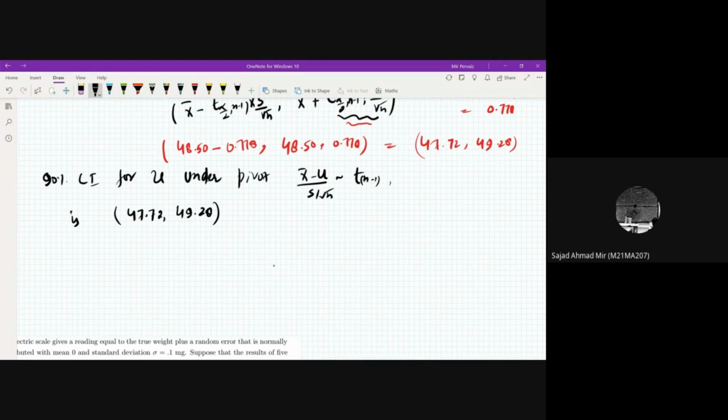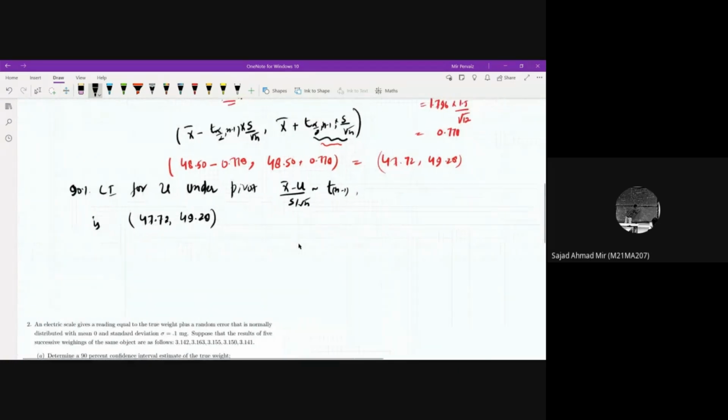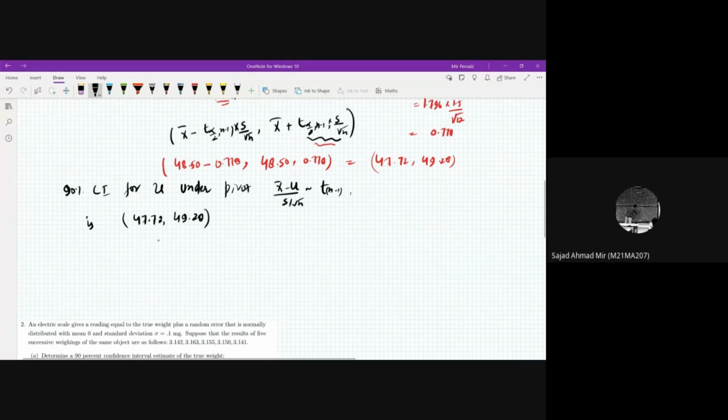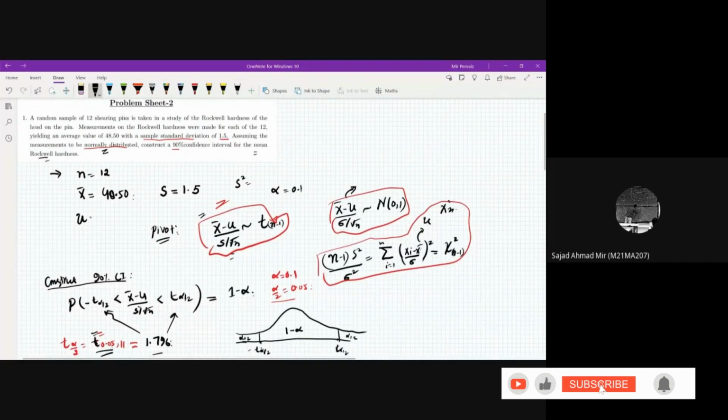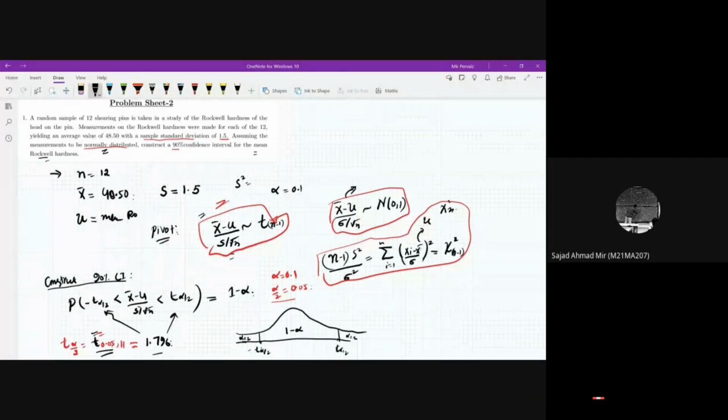Okay, is it clear how we calculated this confidence interval using the t table, and how you have to write it? You should also write what mu was, which I already stated. Oh, I did not specify, but it is the mean Rockwell hardness.